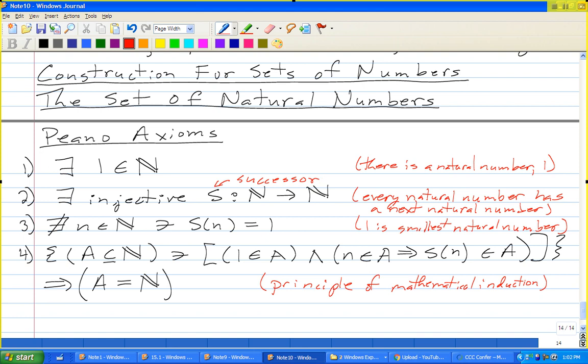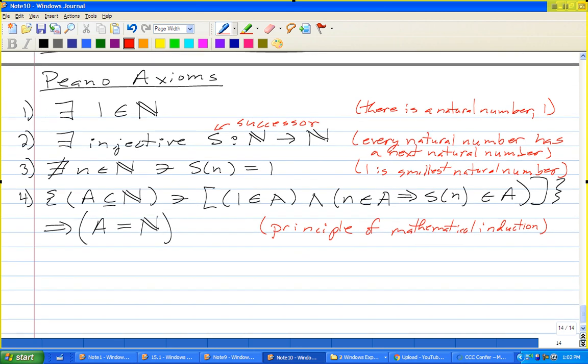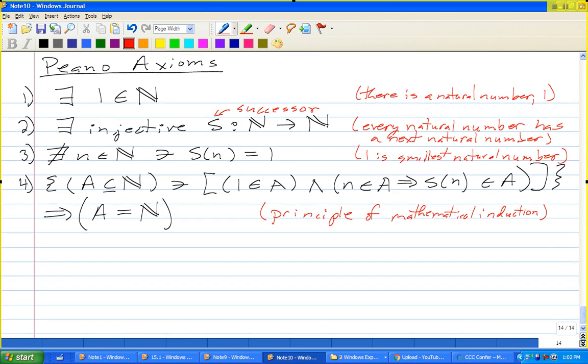Okay, so I can show that I can give definitions that are recursive. Just these Peano axioms allow me to do that.